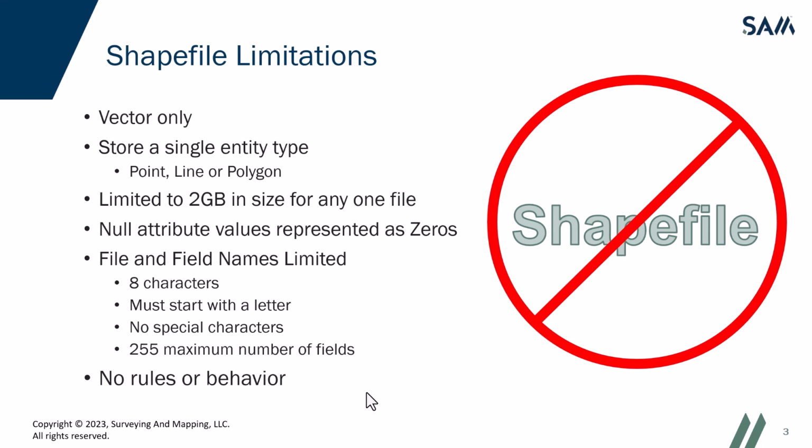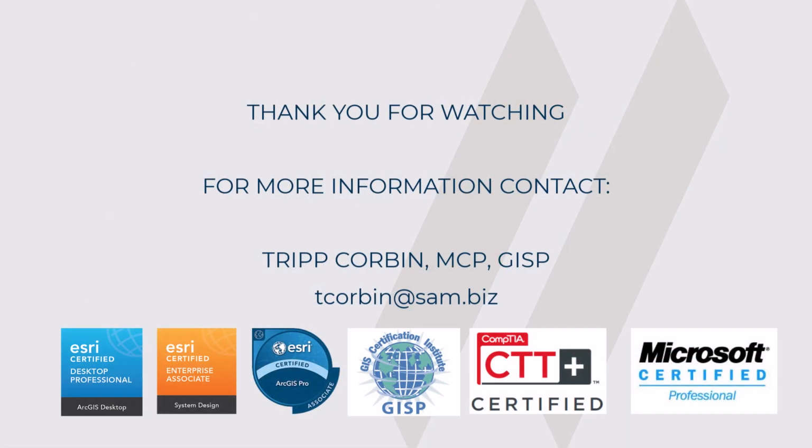It's not to say you can't potentially do other things programmatically that would apply that type of behavior, but it's not going to be native to the storage format itself. So there you have it. That's what a shapefile is. Hopefully you now have a much better understanding of this format and how you can use it best if you choose to use shapefiles as one of your primary GIS storage formats.